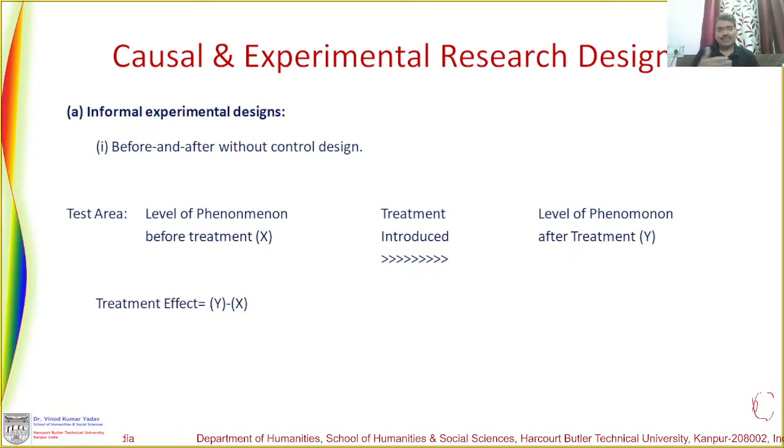So treatment is introduced, and then after treatment you measure the level of the phenomenon, maybe in this case productivity. Say for example, before treatment you are getting 4 kg of one type of vegetable, and after treatment you get 5 kg of vegetable.